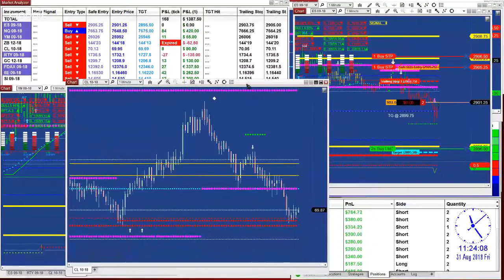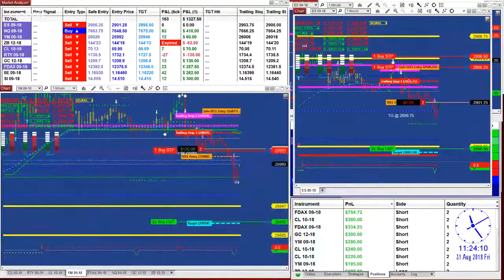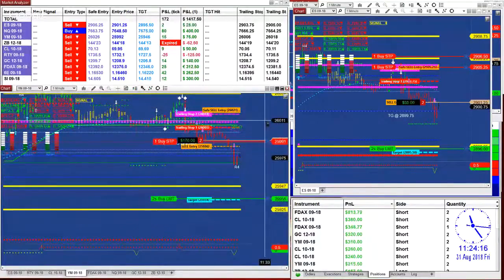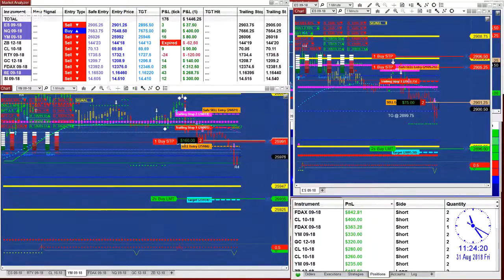This is a re-entry point right there. Going for a fresh coffee, and I will be right back. And we'll try to see what will happen to this trade.